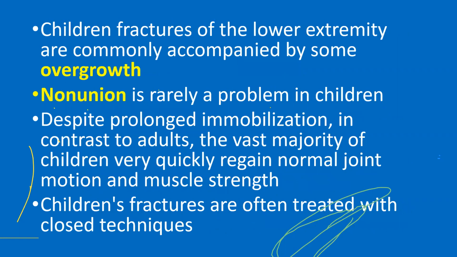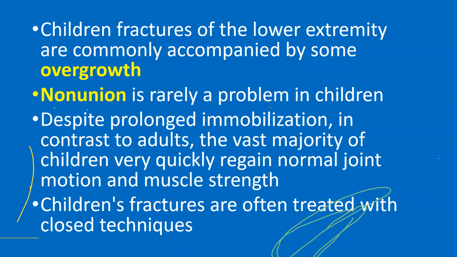Children's fractures of the lower extremity are commonly accompanied by some overgrowth. Don't forget this. If you put in end-to-end, you can have a significant overgrowth. And you should warn the family that this could occur.